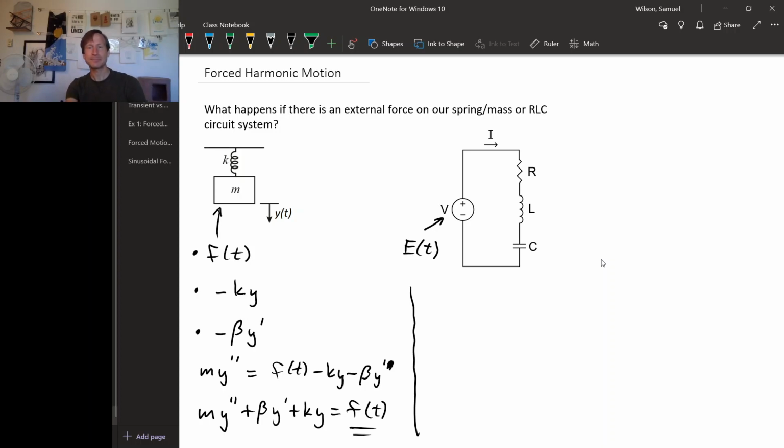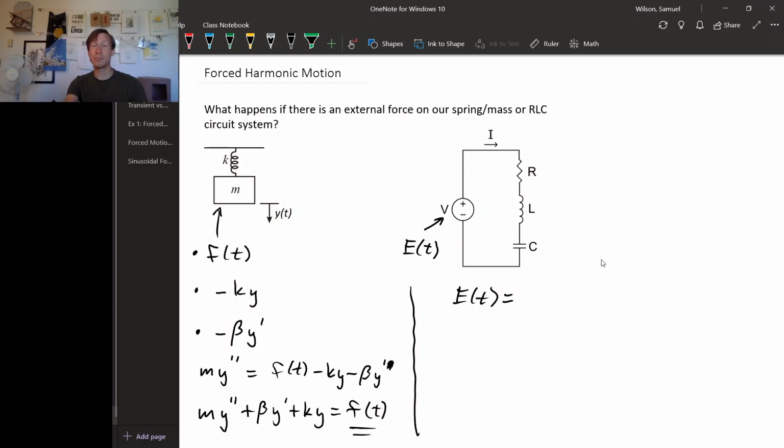Okay, so one of Kirchhoff's circuit laws says that the impressed voltage on a loop is equal to the sum of voltage drops around the loop. The impressed voltage, it used to be 0, but now it's this function E of t. So E of t is equal to, and now we just write down all of the voltage drops across each component.